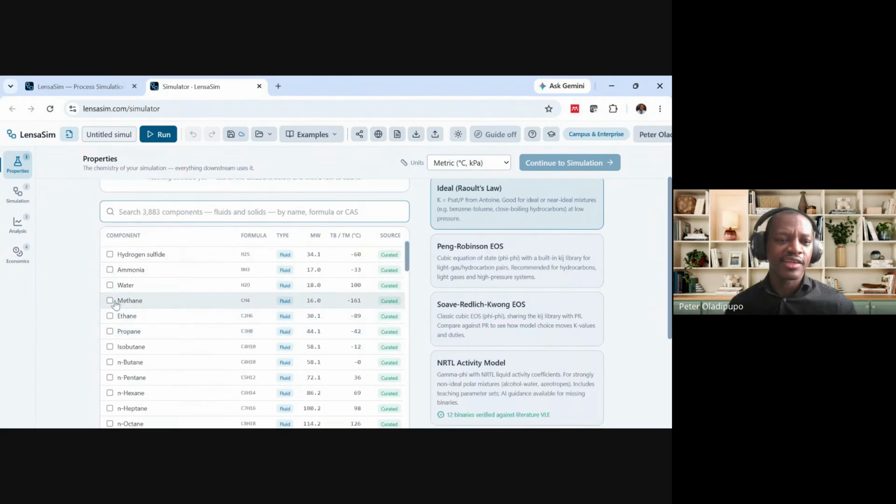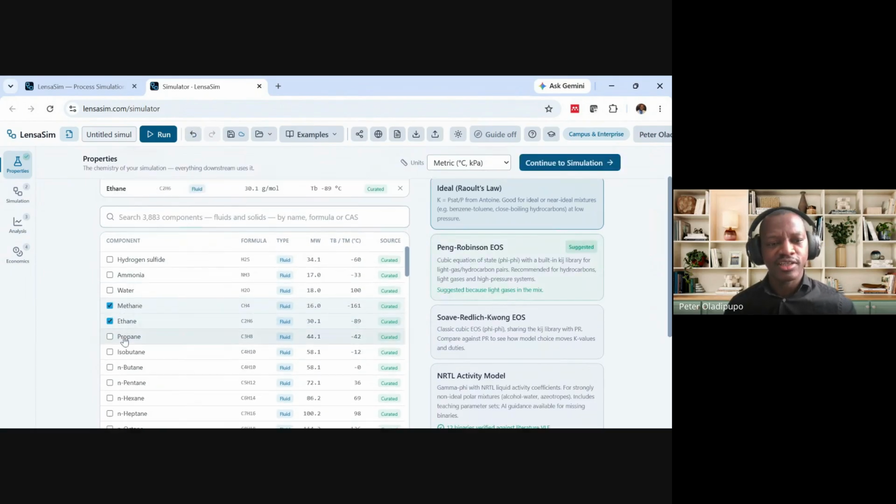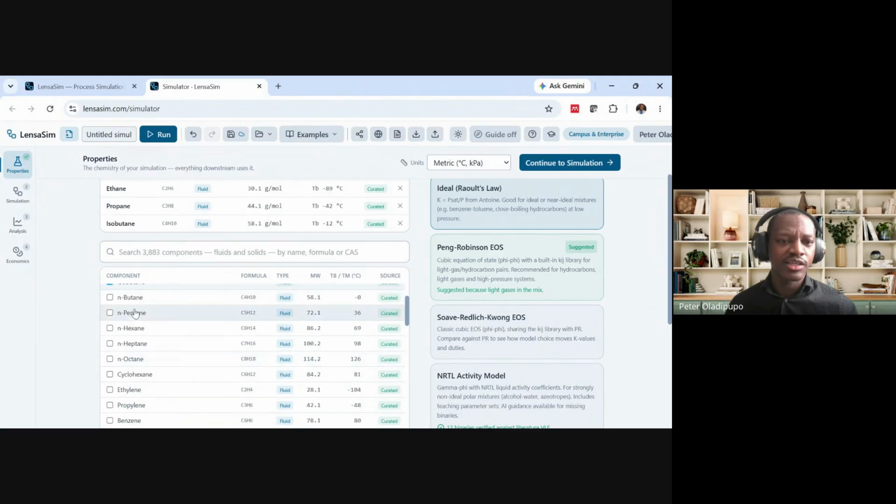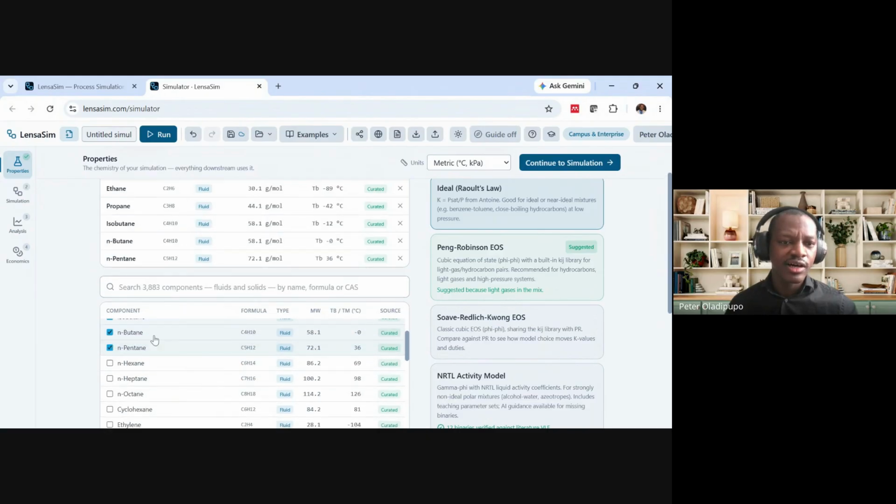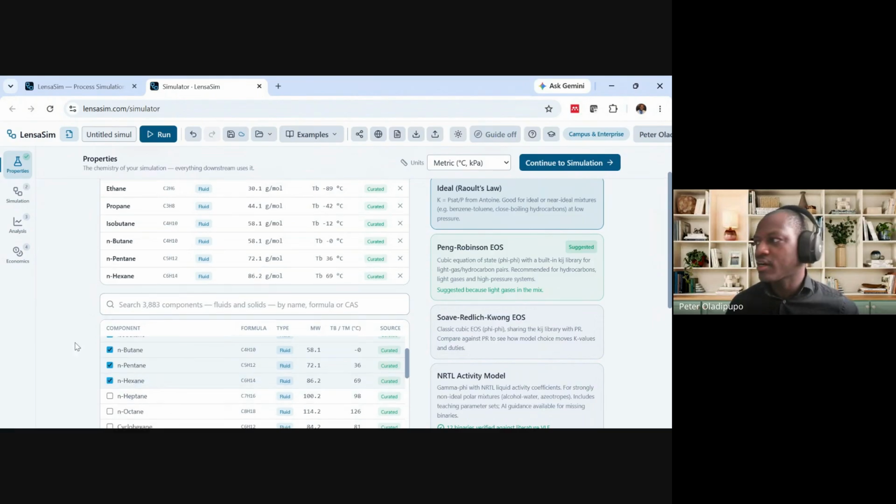Of course, it contains methane, ethane, propane, isobutane, and n-butane, n-pentane, then hexane. Let's do it in the order in which the feed was provided, so I'm going to look it up quickly.